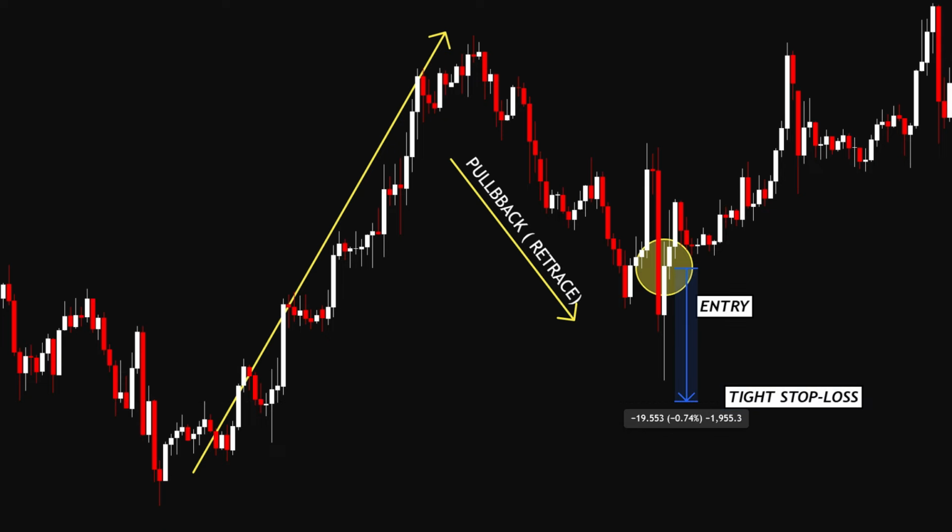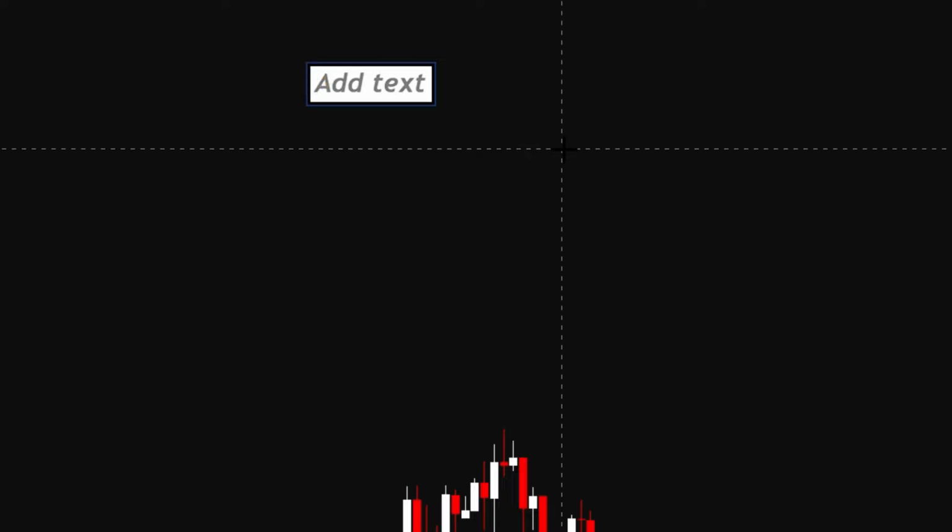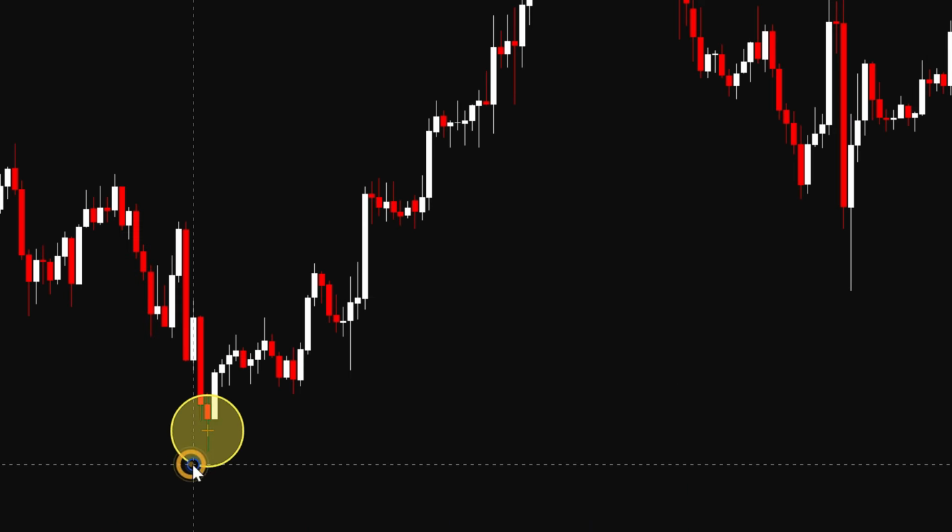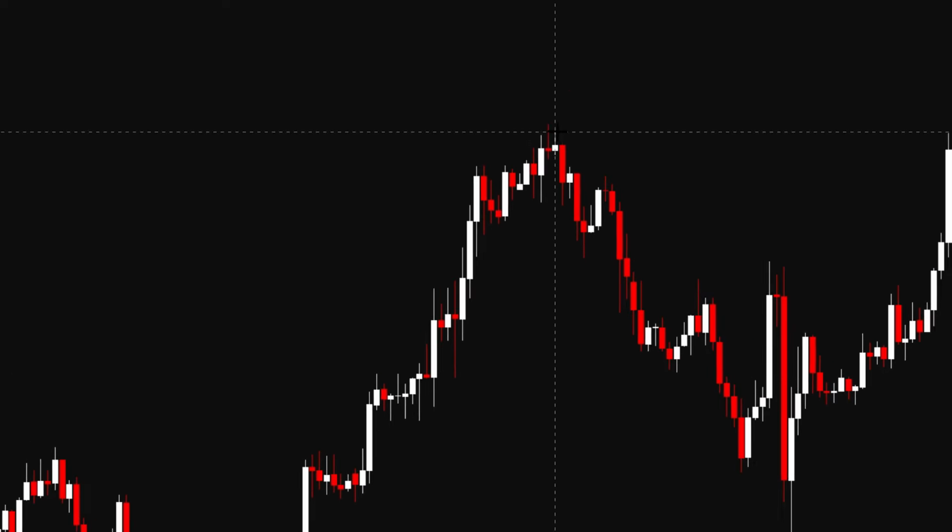Alright, let's make this practical. Grab your Fibonacci tool, I'm using TradingView here, and draw from the swing low to swing high. That's it, 2 clicks.